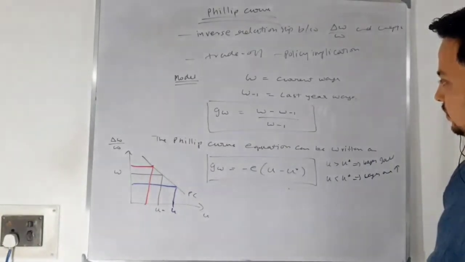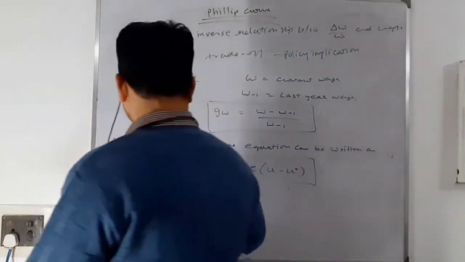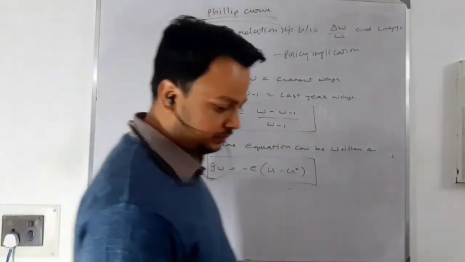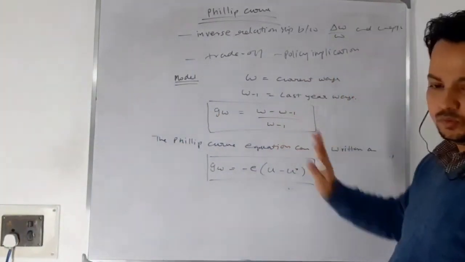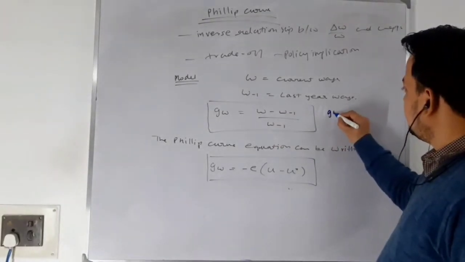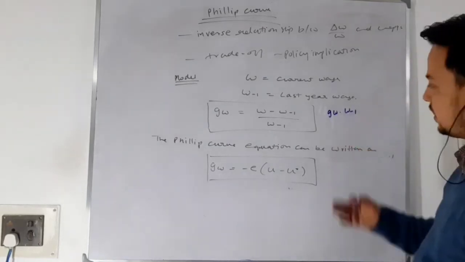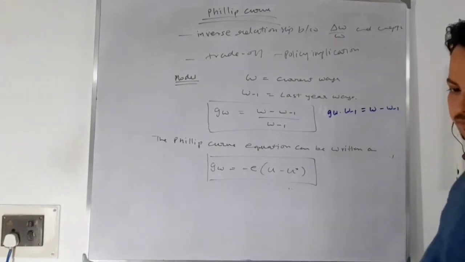Now let me rearrange this equation and write it in terms of W, the current wage. So this will be GW times the previous year wage, W minus 1.